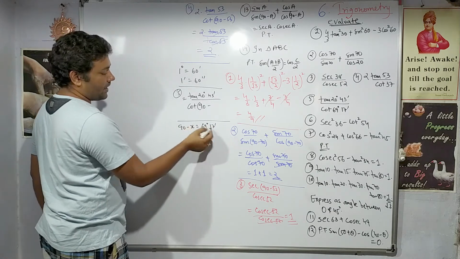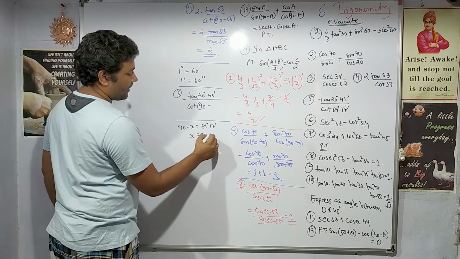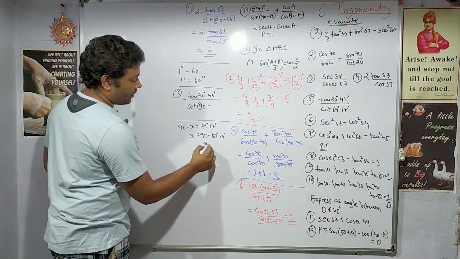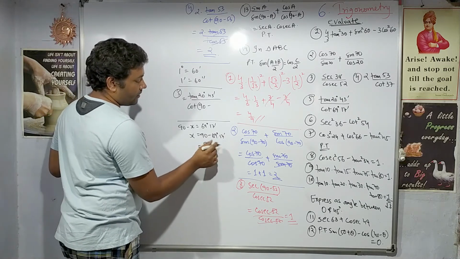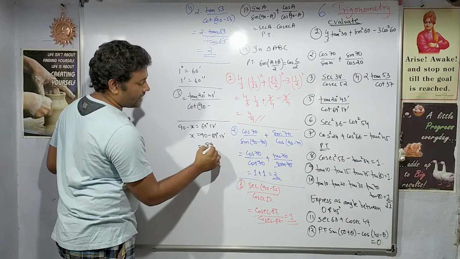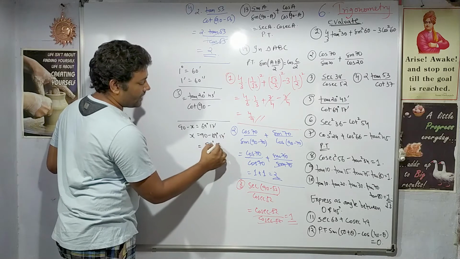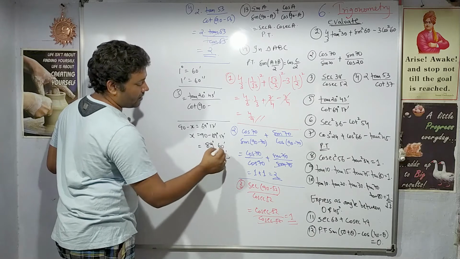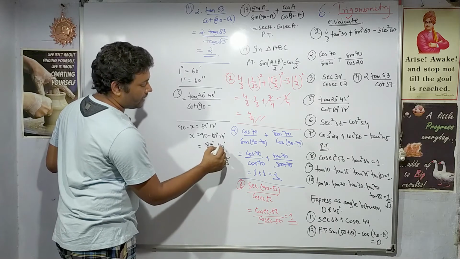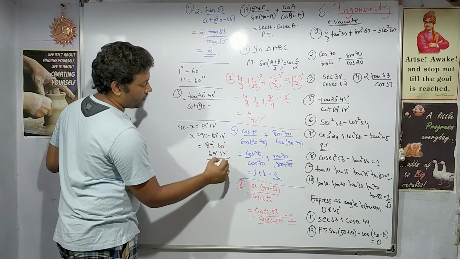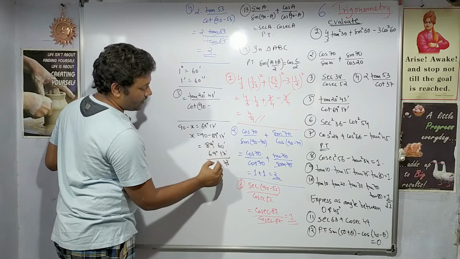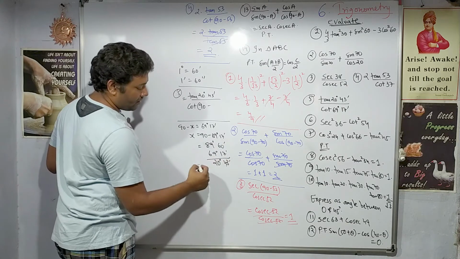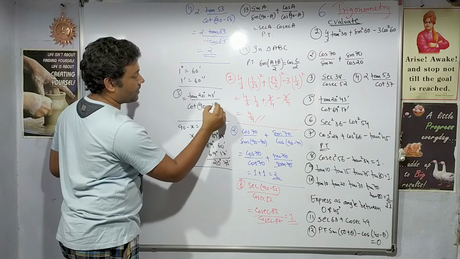Shift x to this side and this term to the left-hand side and do the subtraction. 90 can be written as 89 degrees and 60 minutes, minus 69 degrees 17 minutes. It will be 20 degrees 43 minutes. Let us substitute 20 degrees 43 minutes.